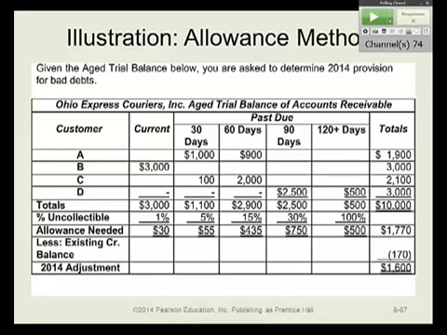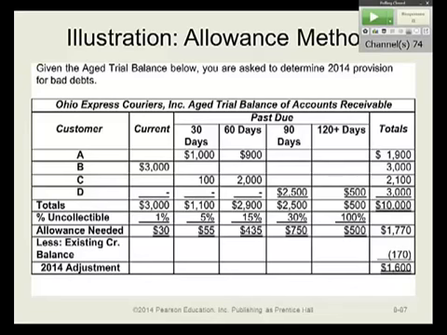Now, in some cases, this account would be written off. Here we're assuming we're still going to hold on to it. So these are the balances. And again, it makes sense that you don't sell to this customer because of their credit rating or their credit experience. Now, with the percentage of accounts receivable, you would take a flat percentage against the $10,000.